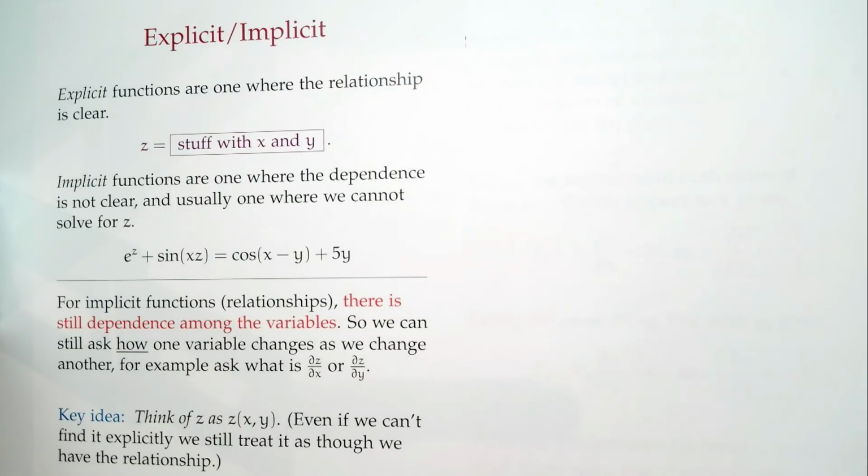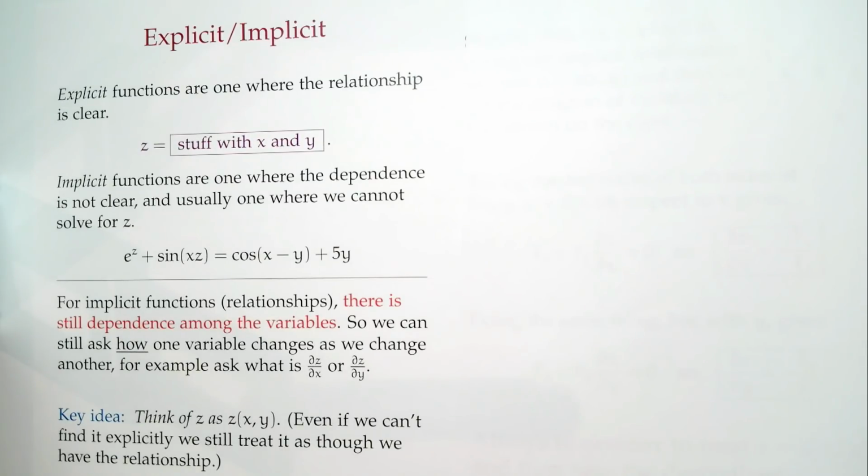All right. If I know that z depends on x and y, even if I can't get the function, I want to know, can I at least say something about how z changes with x, or how z changes with y? And the answer is yes. And how do we do it? Well, we said we cannot solve for z as a function of x and y, but here's what we do.